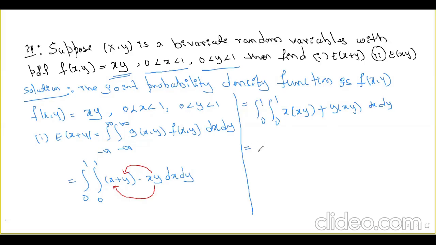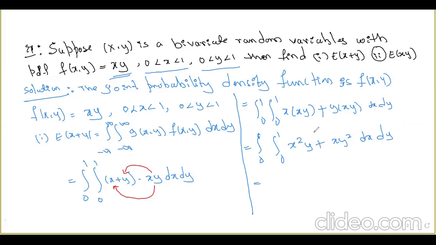So now this equals the integration from 0 to 1, one more integration from 0 to 1, of x square y plus x y square dx dy, right?